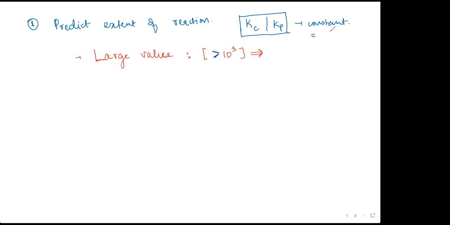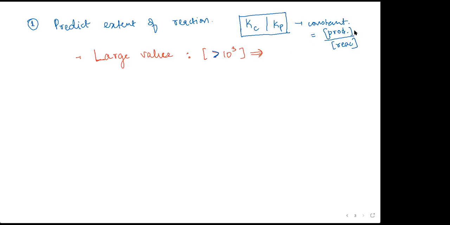I'll just write the formula here. Concentration of products upon concentration of the reactants. So large value of Kp or Kc, is it moving in the forward direction? No, sorry, what I meant to say is, I think the products will be more.